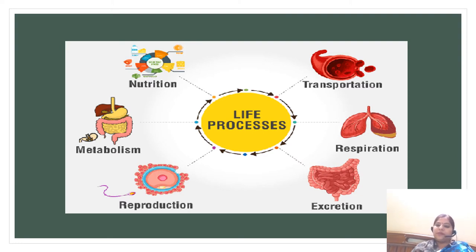So the different processes which are involved in our body are, first of all, nutrition. As you all know, without food we cannot live. So nutrition is very important. Then metabolism, also called digestion. Reproduction, transportation, respiration and excretion.